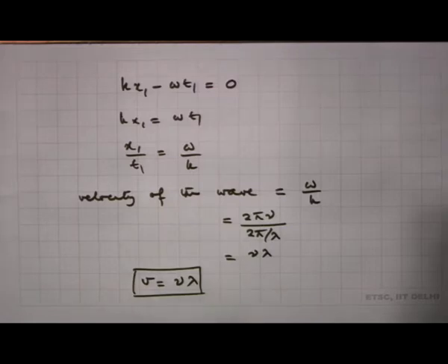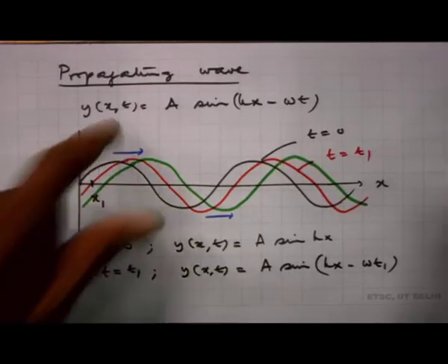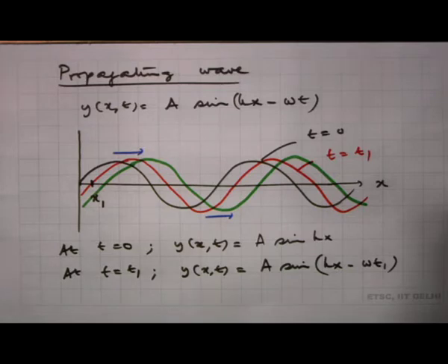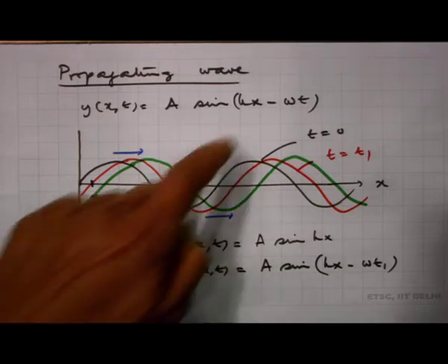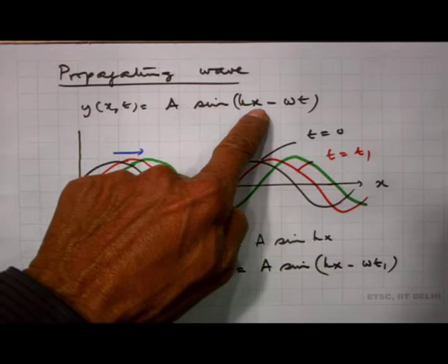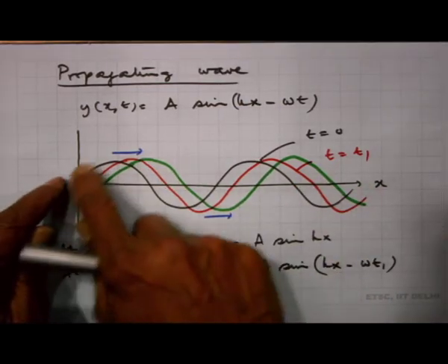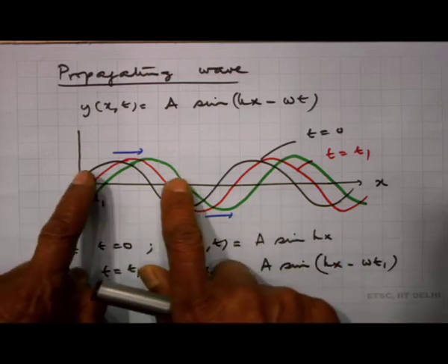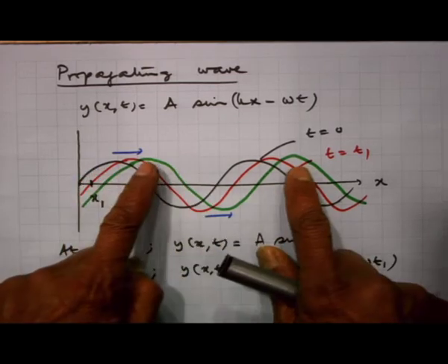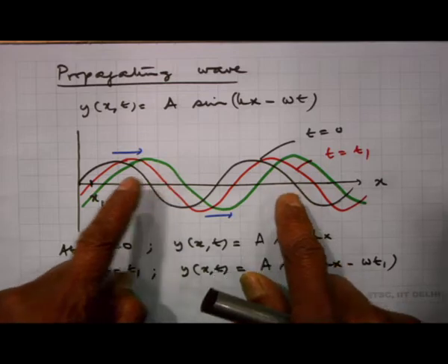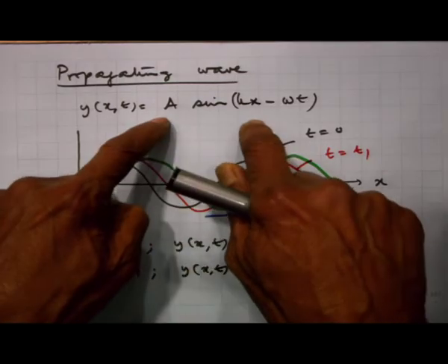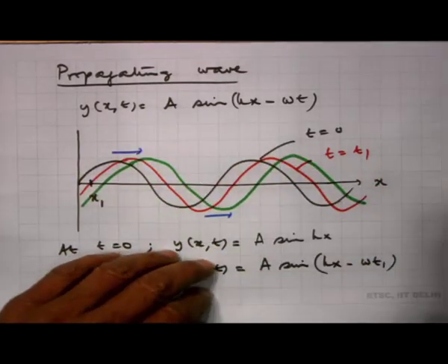So, this particular form of equation represents a propagating wave along the x direction, because at t equal to 0 the wave was in a certain position, and at a slightly later time it has moved in the forward direction, towards positive x. This represents a wave propagating along the plus x direction.